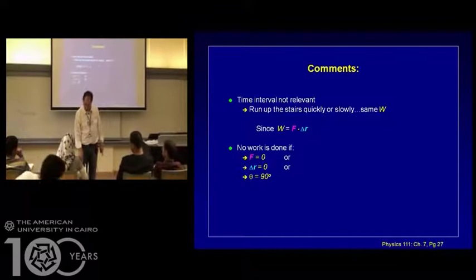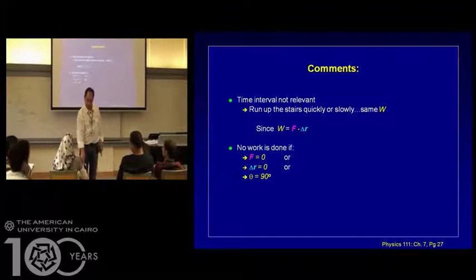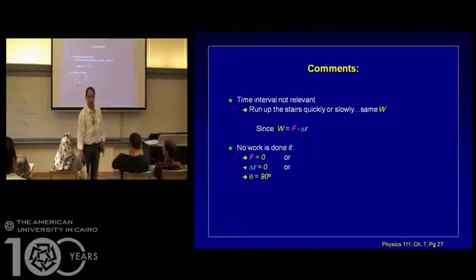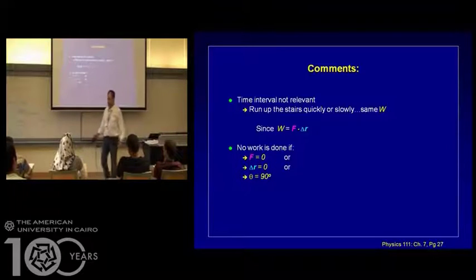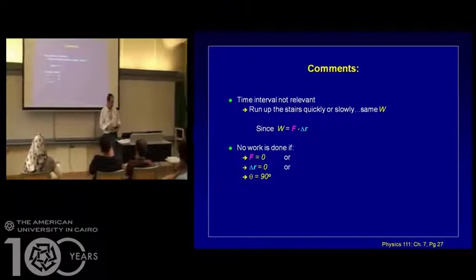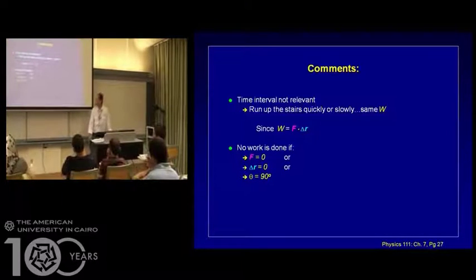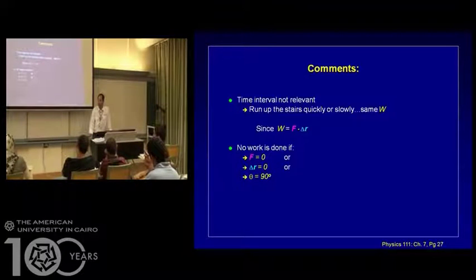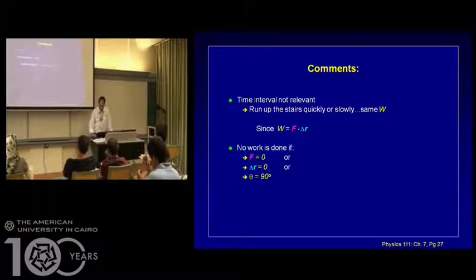But if you do this, there will be some work done. The work done is 0 because even though I'm pushing on it, putting some force on it, the displacement is 0. So this is the second case. The third one is if the angle between the force and displacement is 90 degrees.